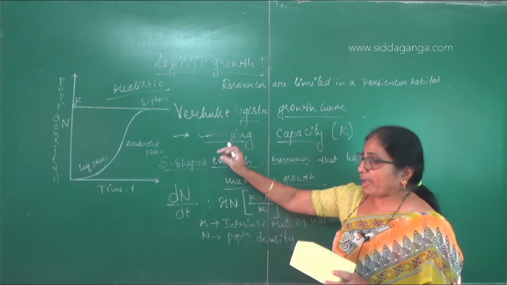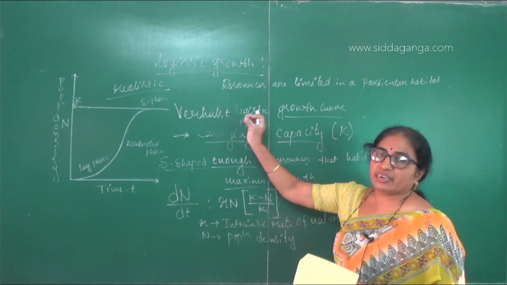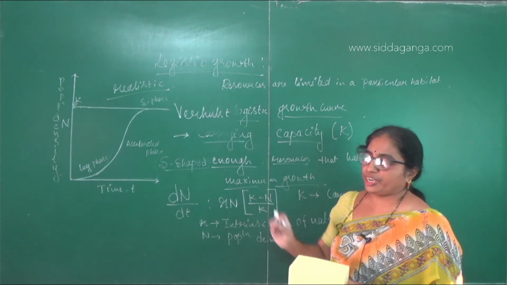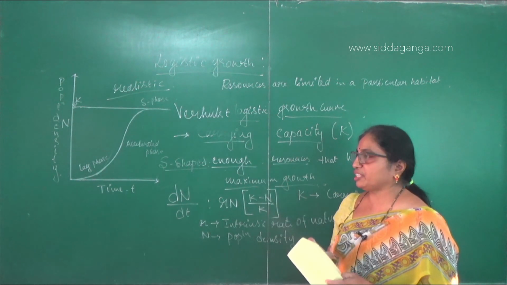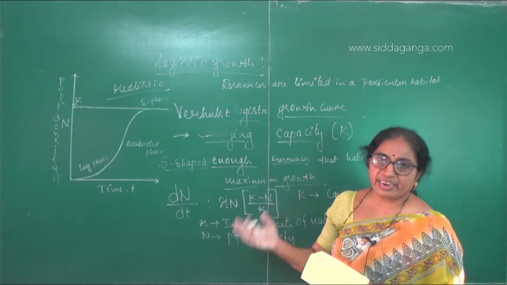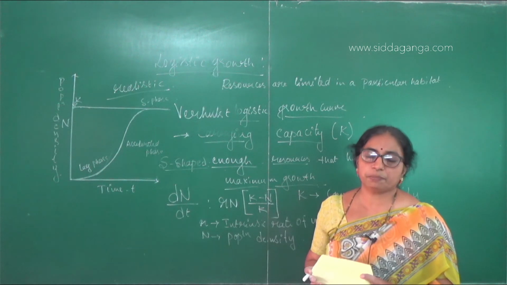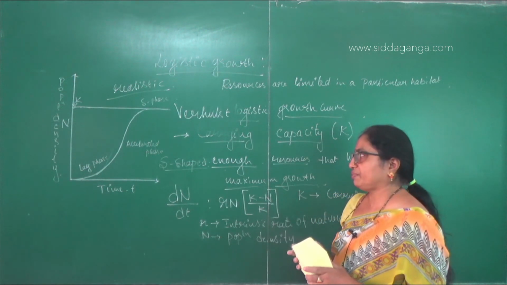So the carrying capacity is the maximum that particular habitat can accommodate, so much population can increase, not beyond that. If it goes beyond it, there will be a natural decrease due to severe competition, that is interspecific competition and intraspecific competition.